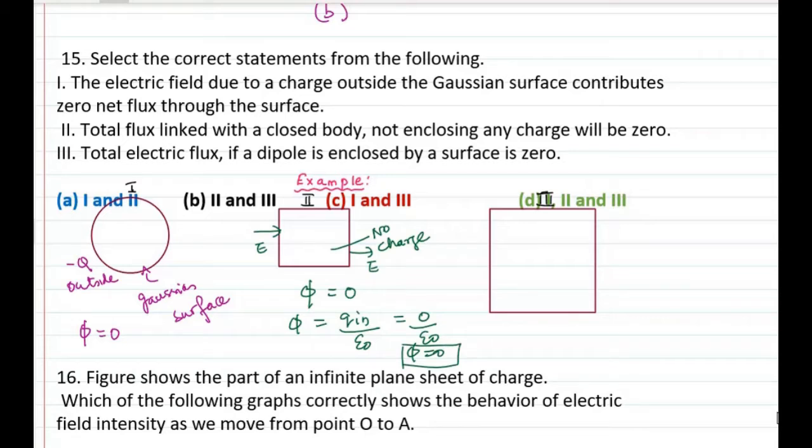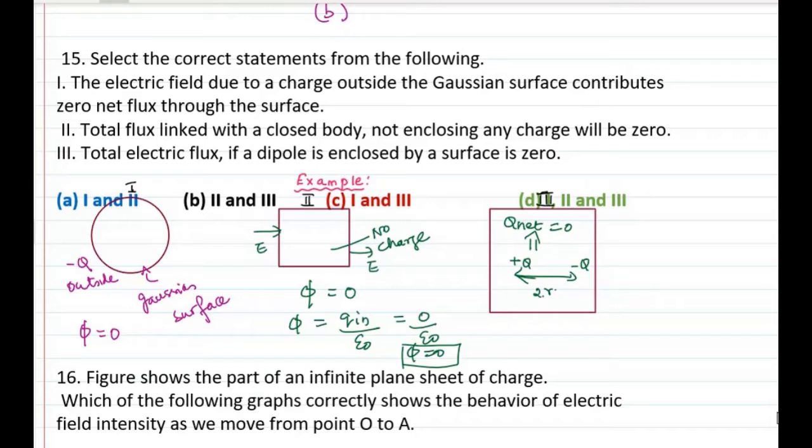The third one is the total electric flux if a dipole is enclosed. A dipole is nothing but two charges of equal magnitude but opposite sign separated by a short distance, 2a. The total charge due to the dipole, plus q and minus q, gives a net charge value of 0. Plus q minus q gets cancelled.